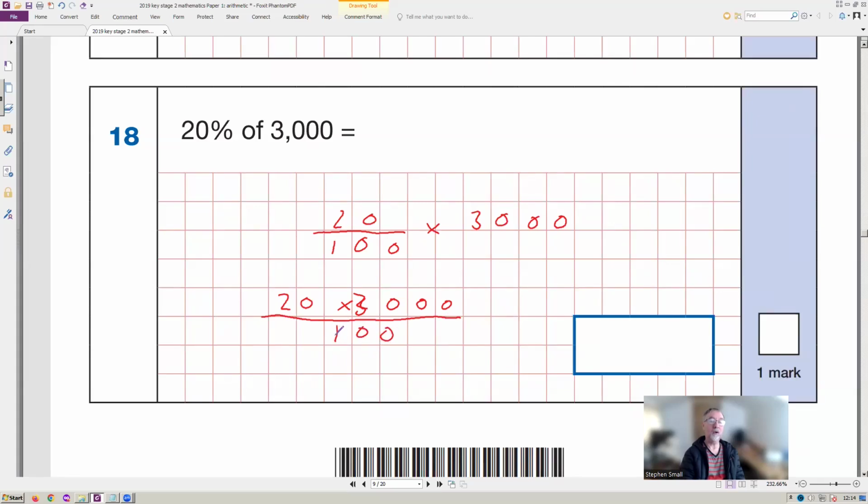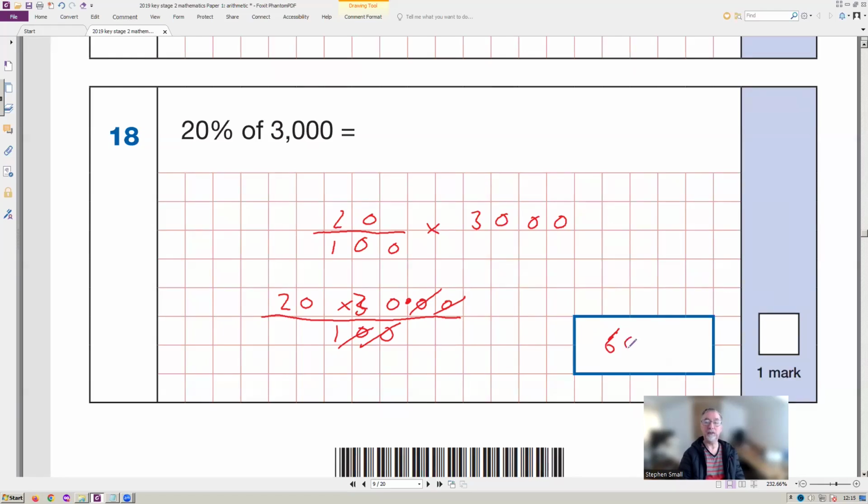And because we're dividing this time, we move the decimal point back 2 places. And that's why you see this sort of crossing off thing sometimes. And now it's just 20 times 3. Well, when we're multiplying, we go 3 times 2 is 6. And just as our placeholder, we've got this extra nought here and an extra nought there.